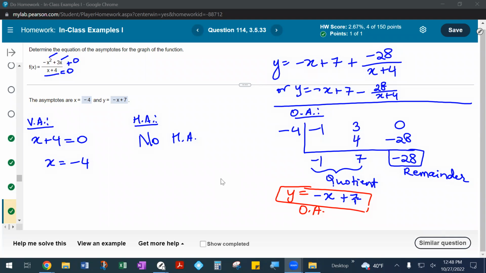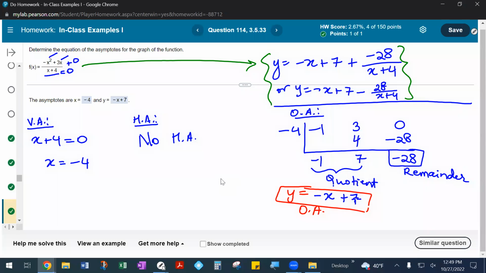Basically what's happening is when you rewrite it in this format, you are actually just rewriting the original expression when you do it with the plus remainder over divisor. So for the oblique asymptote, we only need the quotient part. You don't need the rest of it. That's kind of where I was getting a little confused, of do you include that or not. So yeah, just the quotient, Della, for your oblique asymptote.